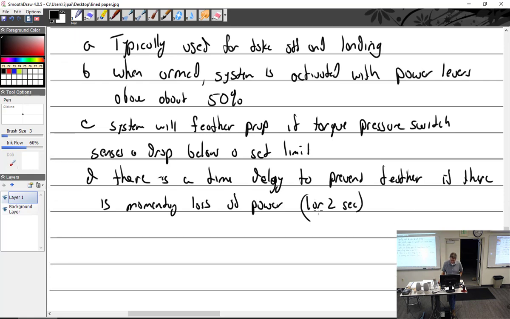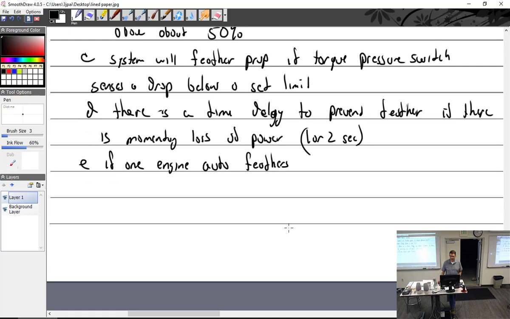And thankfully, if one engine auto feathers, system will not auto feather remaining engine. How do you have the momentary 1 to 2 second loss of power? What causes that? An air bubble in the line, a bad magneto. Yeah, in reality that'd be a good answer.